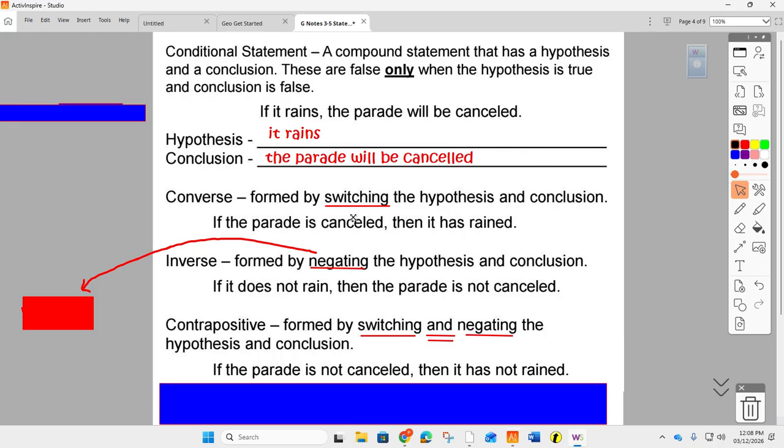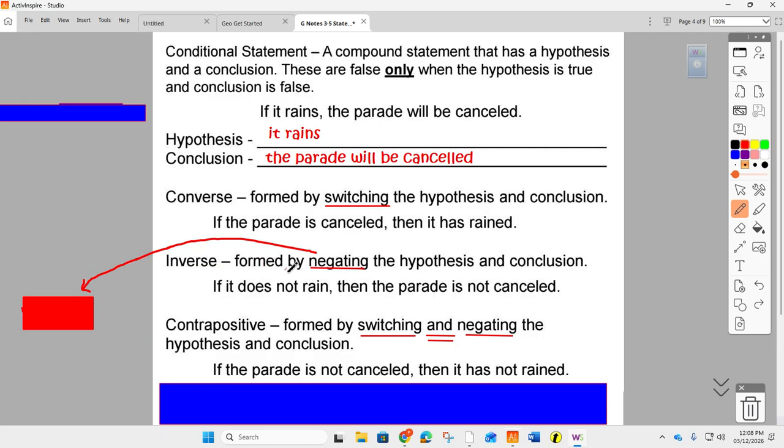And so the example of the converse of the conditional statement at the top is, if the parade is canceled, then it has rained. So you can see here, the parade is canceled and it rains has been swapped, right? So that is the converse of this statement.